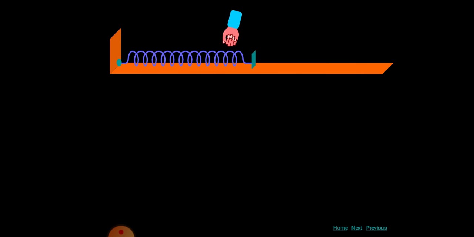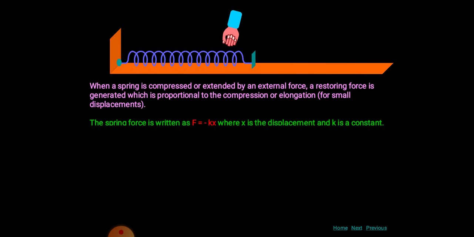With the help of this we can write the formula F = -kx, where F is the spring force, x is the displacement, and k is a constant. The minus sign is given because it is in the opposite direction. So here you have to know about this spring force.